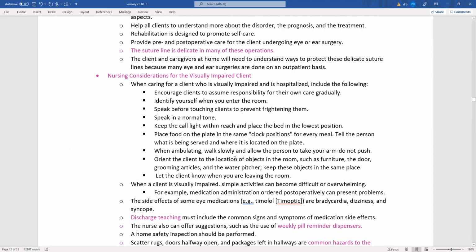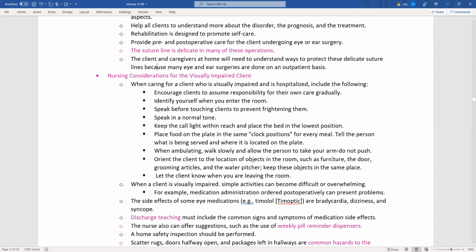When ambulating clients, walk slowly. What are you in a hurry for? Walk slowly and allow that person to take your arm, and do not push them, or see if you don't lose your license. Orient the client to the location of objects in the room.